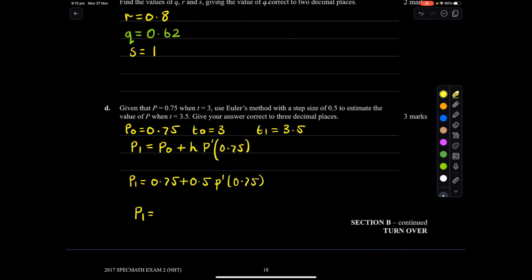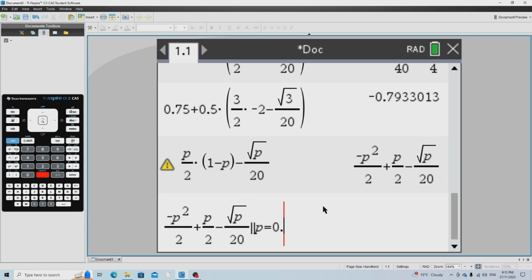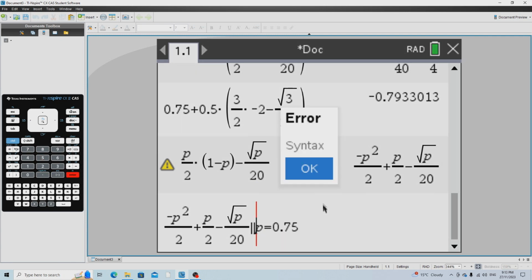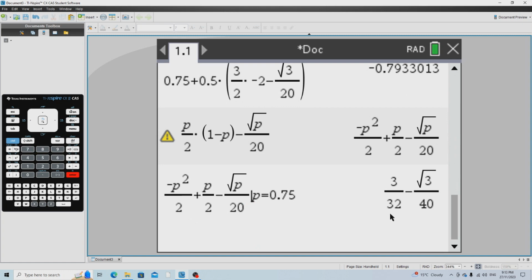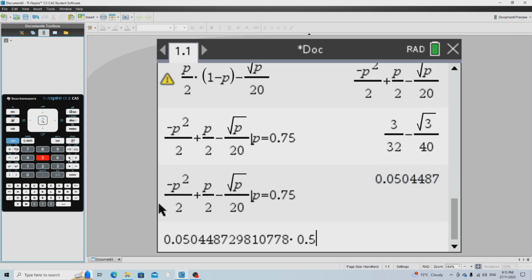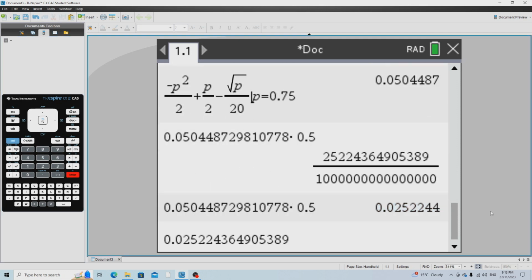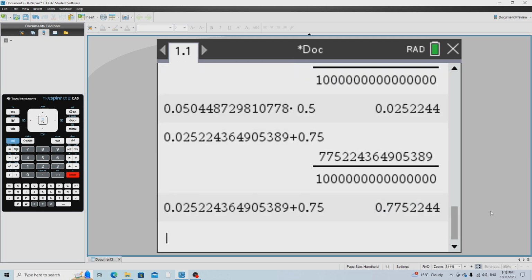Just use this in your calculator. If P is 0.75, we get this part over here, multiply it by the step size, and then add it to our 0.75. We get this. That's good.